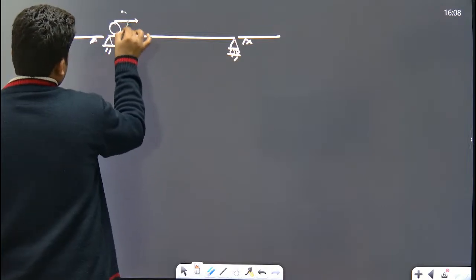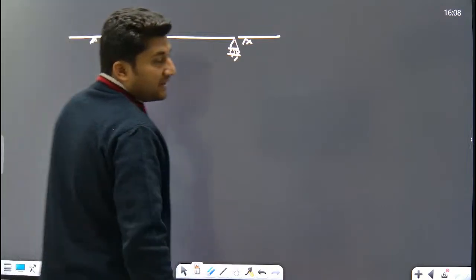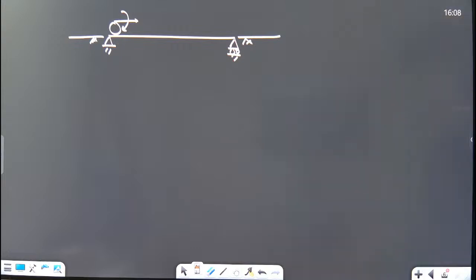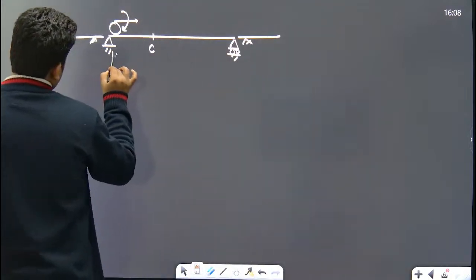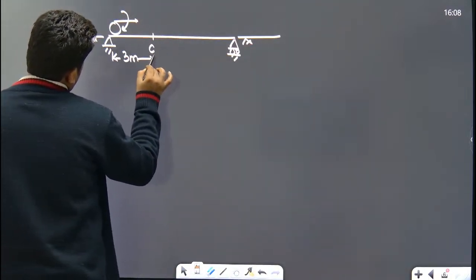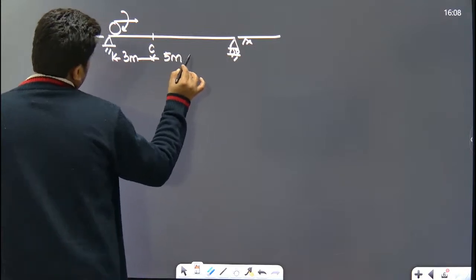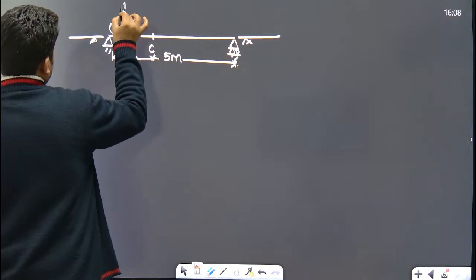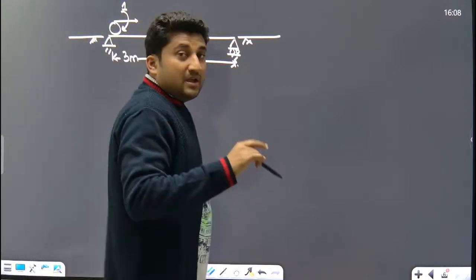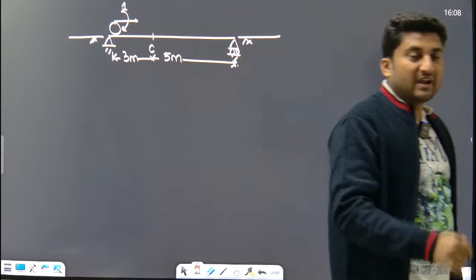Now look, this is a unit moment. This is point C. This is 3 meter. Let us suppose this is 5 meter. 3 meter and 5 meter. Okay. This is a unit moment. Unit moment is traveling in the beam.